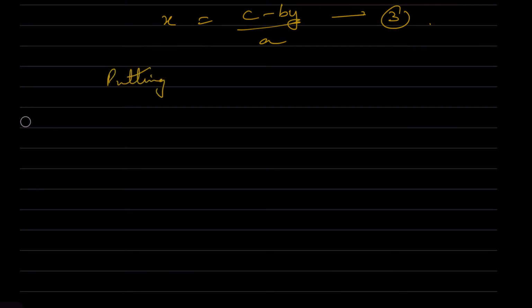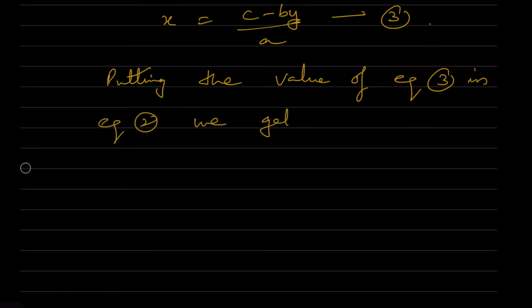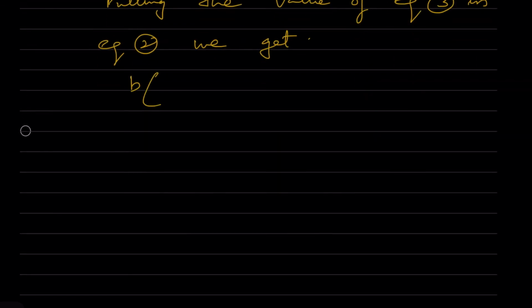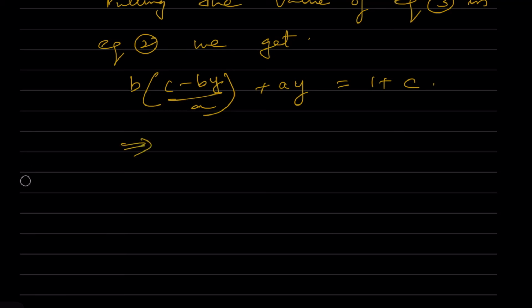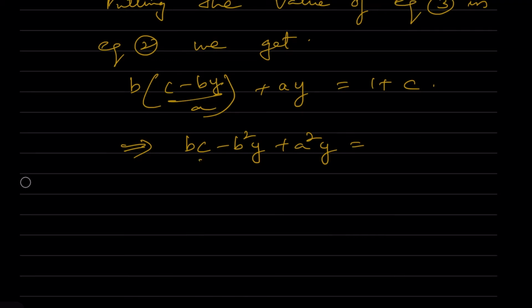So we get b into c minus by by a plus ay, which is equal to 1 plus c. So now taking the LCM, bc minus b square y plus a square y is equal to 1 plus c, and this side we have by a.